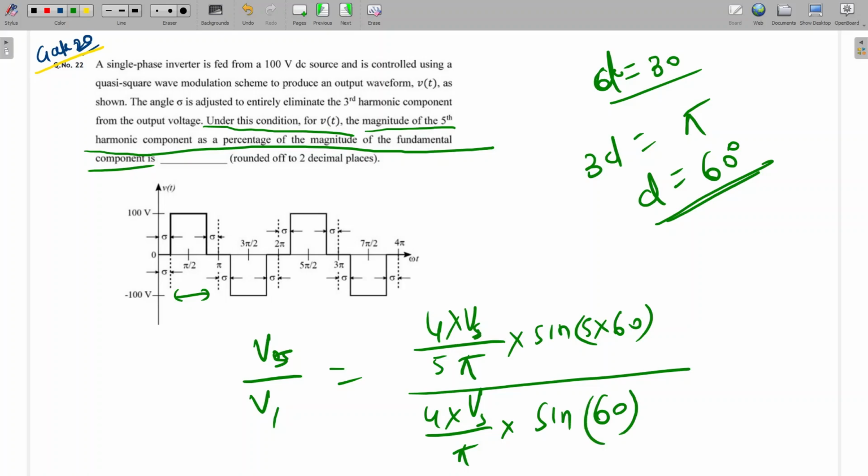How much are we getting? 20%, sir. Correct, 20%. Everyone got this value? This you should remember, this is a standard concept. I have seen many questions based on this concept only. Power electronics, if they ask a tough question then it is tough, but if you know these small concepts, then easily you can fetch good marks.